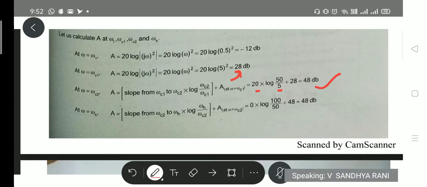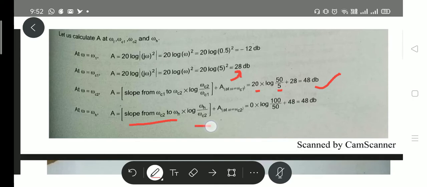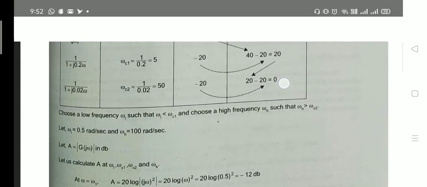Slope from omega C2 to omega h into log of omega h by omega C2, plus previous corner frequency magnitude, that is 48. Here the slope change is 0.